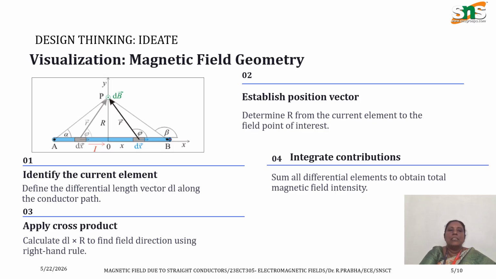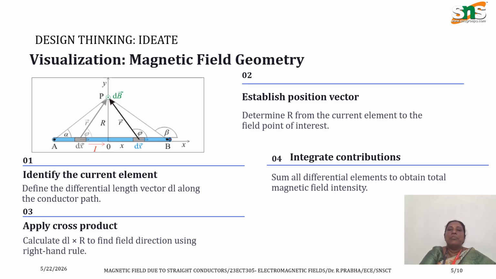Now in the design thinking ideate stage, we are going to see how to visualize the magnetic field geometry for a current carrying conductor. Step one is identifying the current element. We have to define the current element dl along the current path or conductor path. Next, we have to establish the position vector, determining the r vector from the current element to the field point of interest.